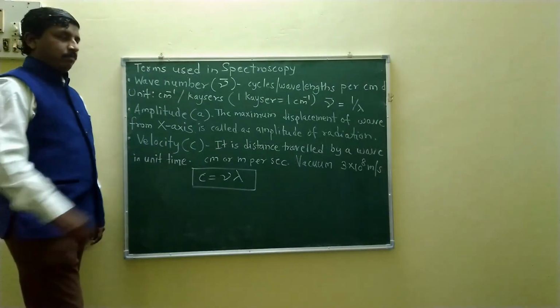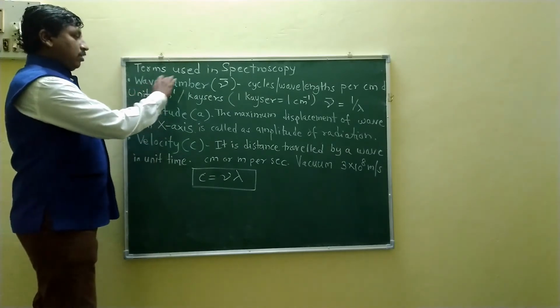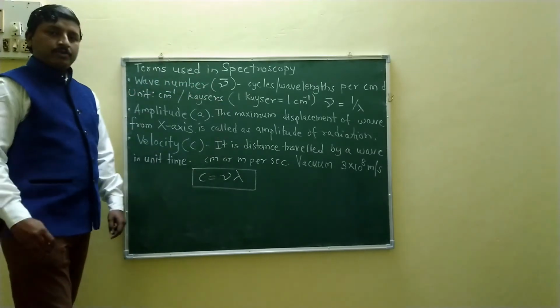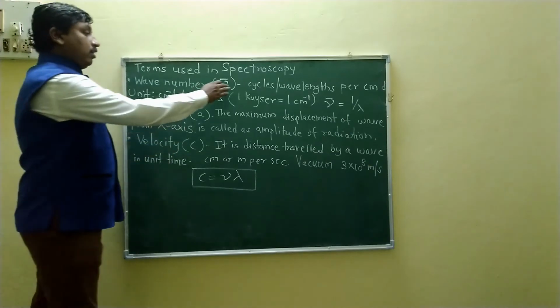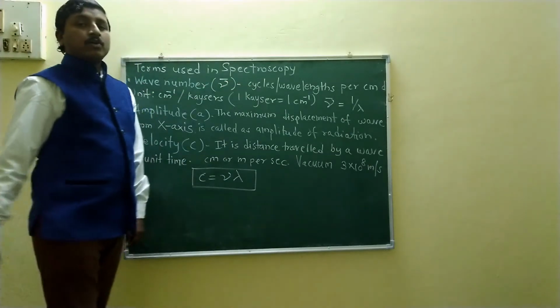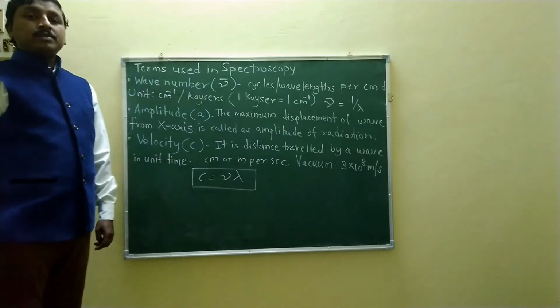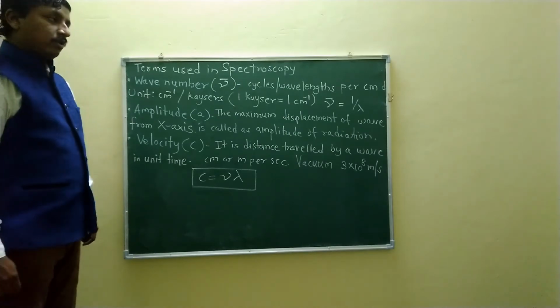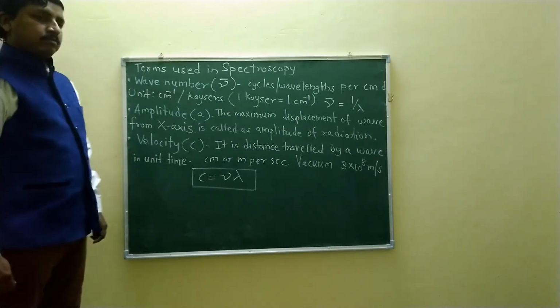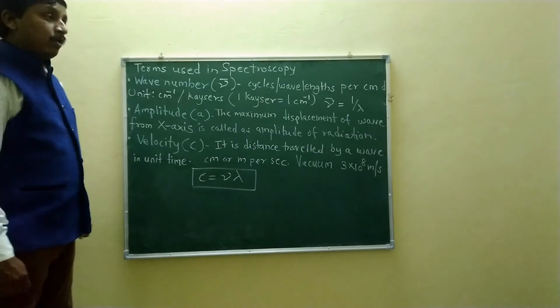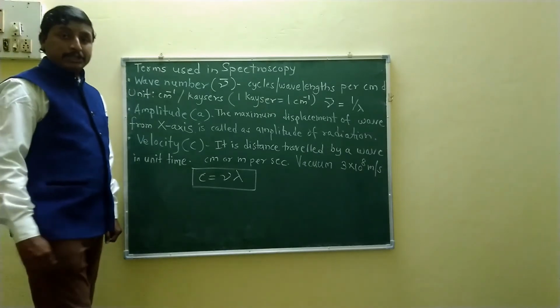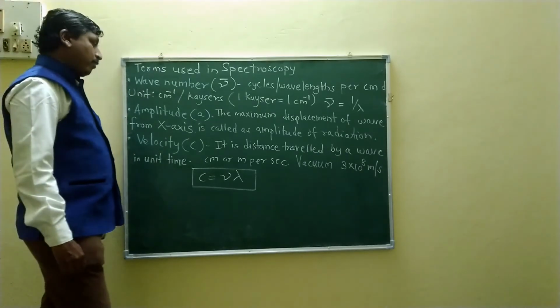Next term, wave number. It is denoted by the letter nu bar. The number of cycles or wavelengths per centimeter distance is called the wave number.